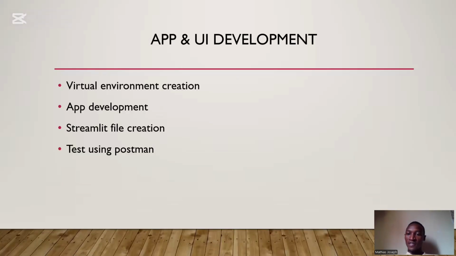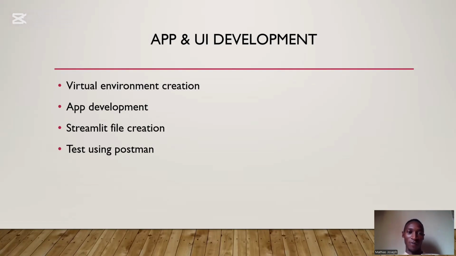All right. My name is Luganzi Matthias, and as my colleague has talked about the app and UI development, we started by creating a virtual environment where we could do the development of the UI and the application.